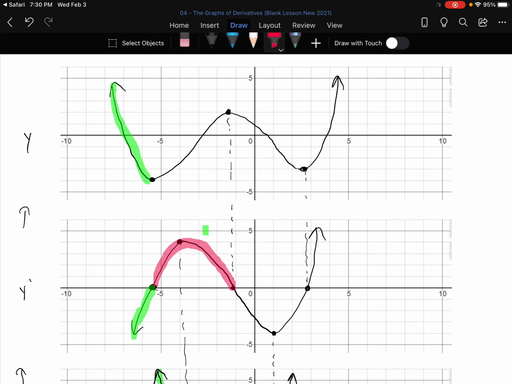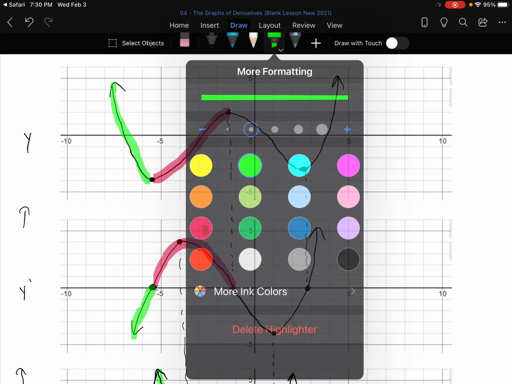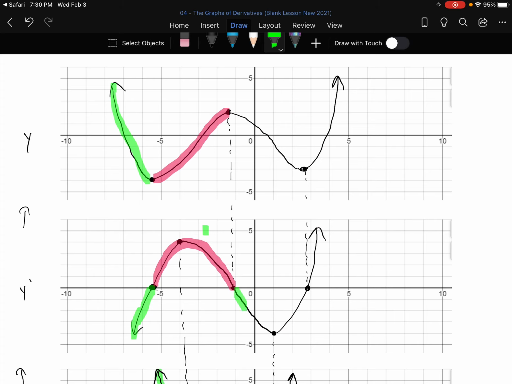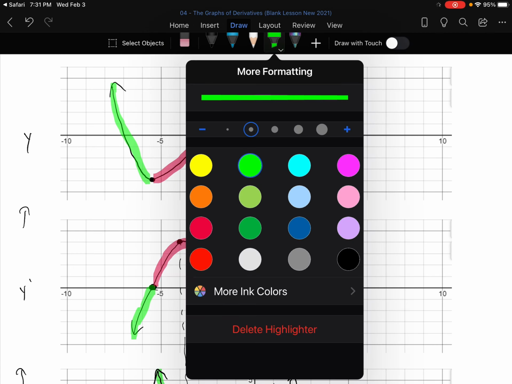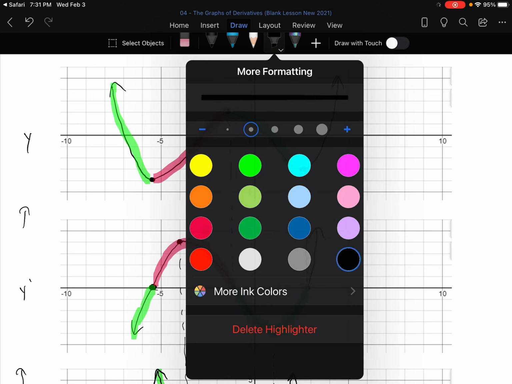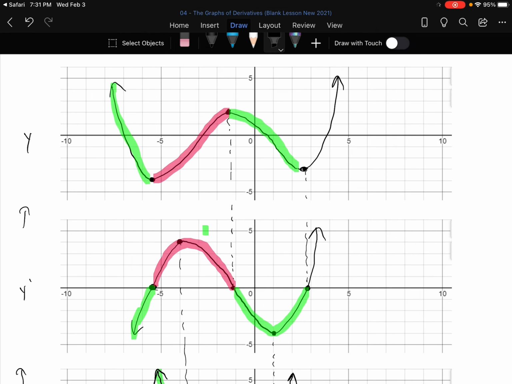Those are all positive values, and so that meant increasing up here. And then over here we had negative values for the derivative, and that meant decreasing. And then back in the last section, these were positive values for the derivative.